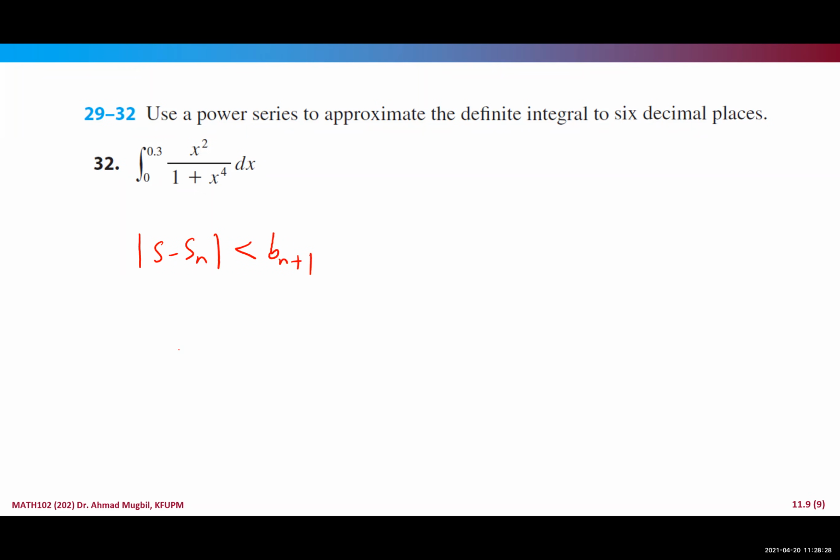What is Bn? When you have -1 to the power n, Bn, okay? And it will be less than this one. In our case, we want Bn plus 1 to be less than 10 to the power -6, which is 0.000001.